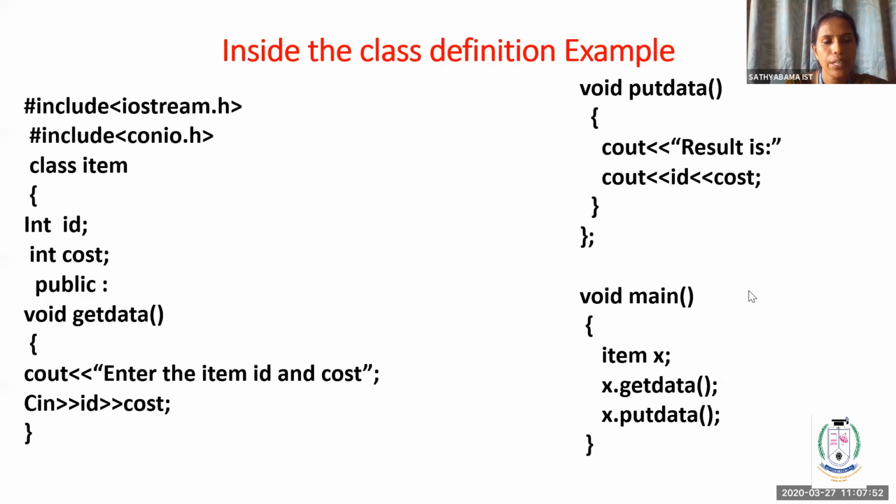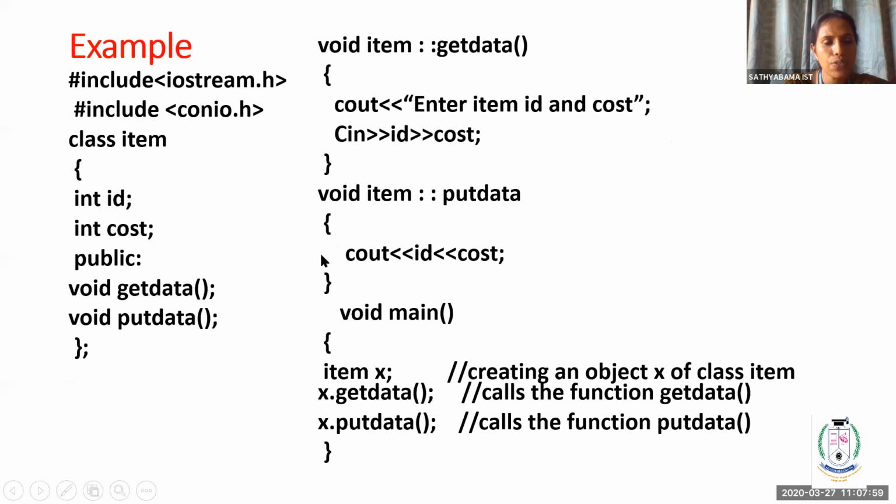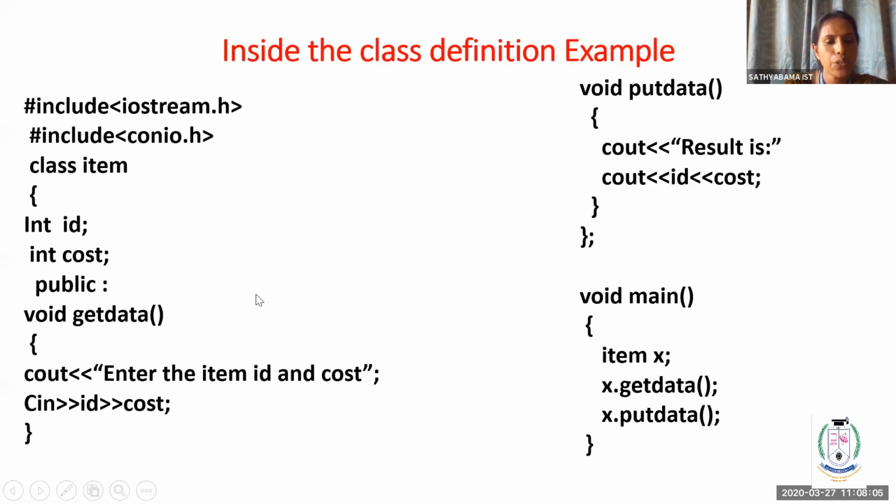If we are defining outside the class, we should declare these two functions inside the class. That is very important. But here, since we are going to define directly, we have no need of a declaration.